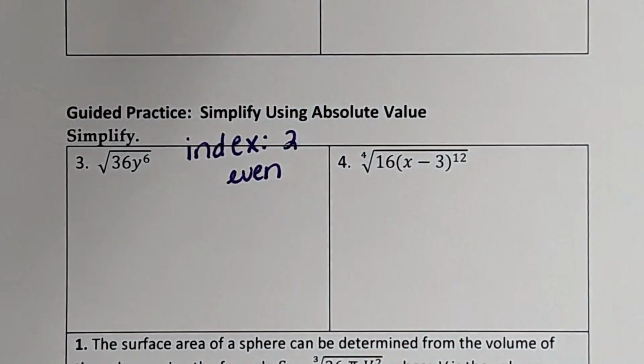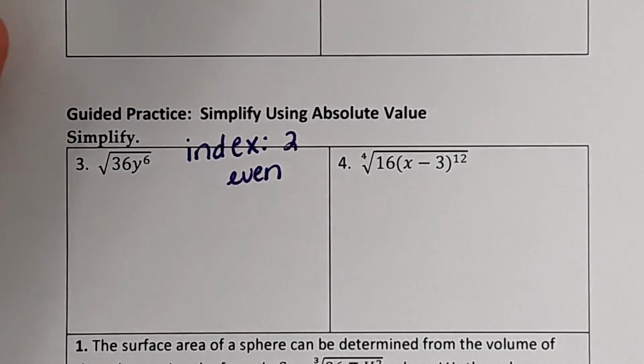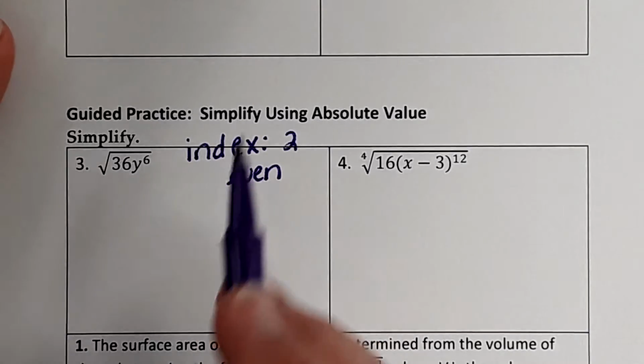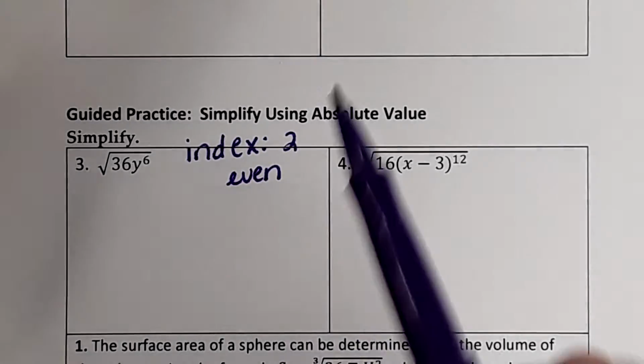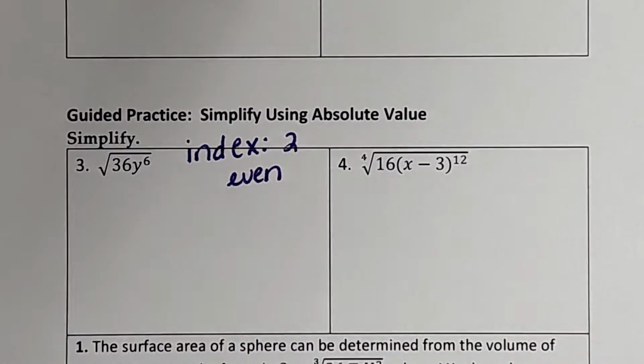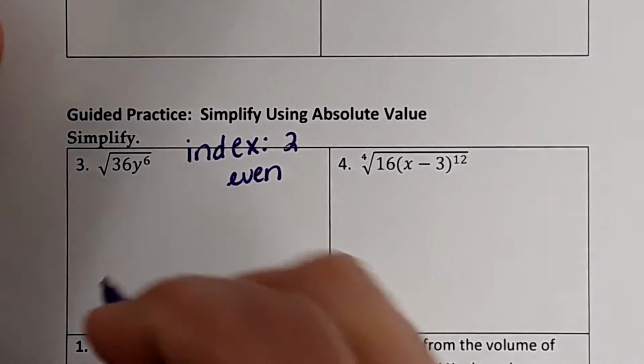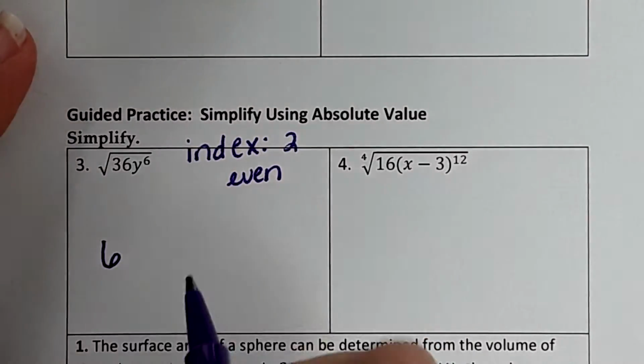because, and is your exponent even or odd? Even. Okay, so let's see. And do I want the principal square root or both square roots or the negative square root? I want the principal because there's nothing in front of the radical, you guys. I want the principal. So what is the square root of 36? 6.